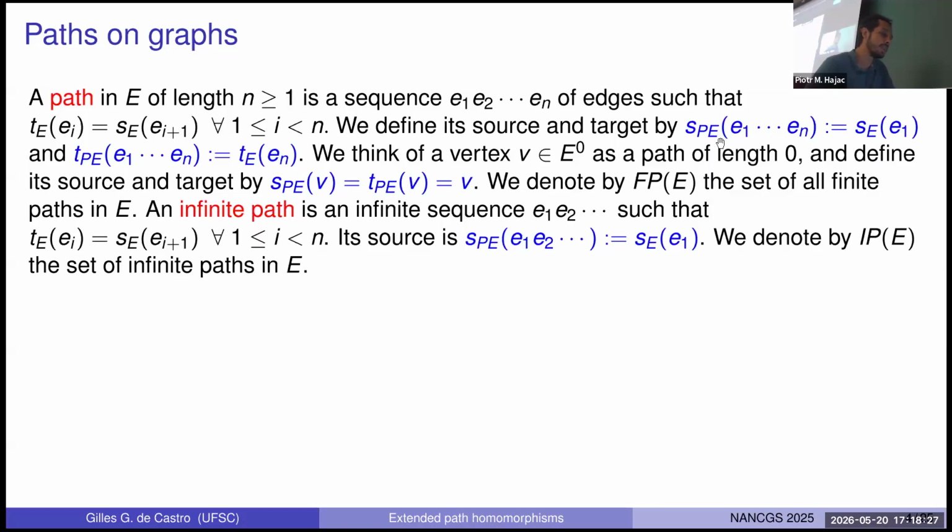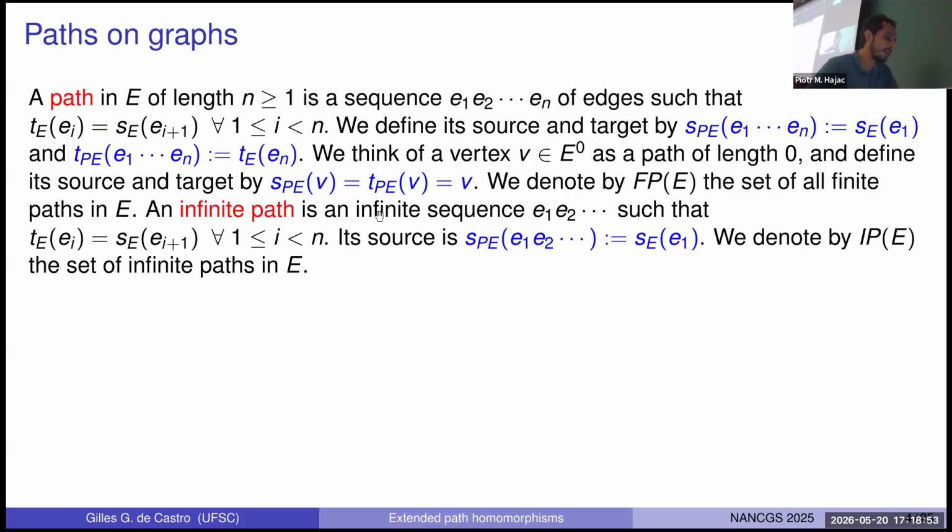That's why this is PE, the paths of E, and if it's just E itself, it's applying only to edges. This is important when we take the pre-images of vertices. In particular for vertices, we also define the source and target to be the vertex itself. And as a matter of notation, FPE is going to be the set of all finite paths in E.